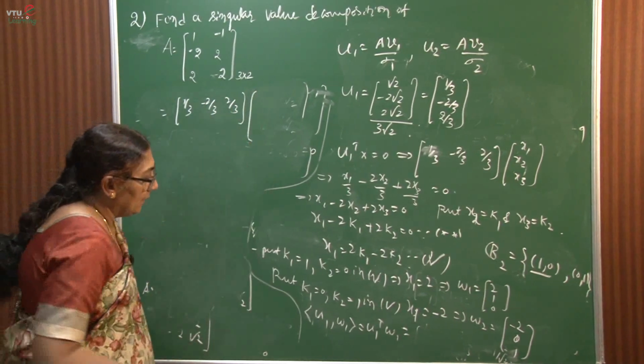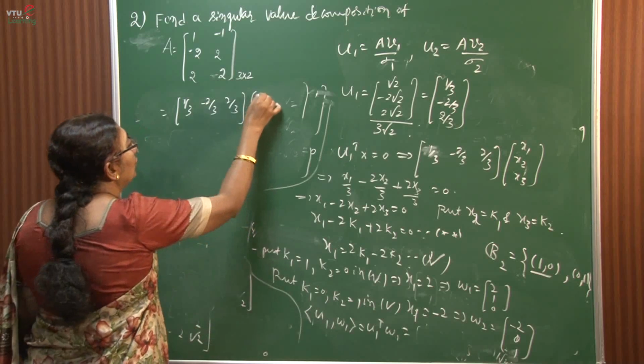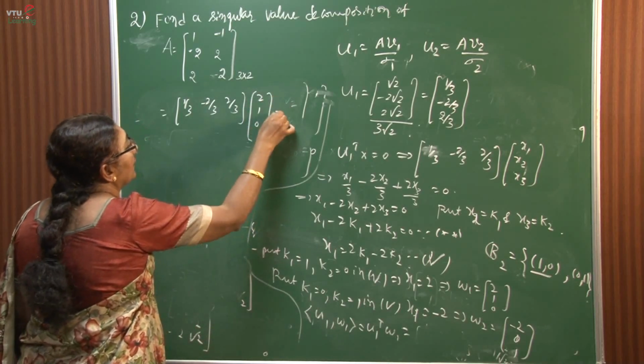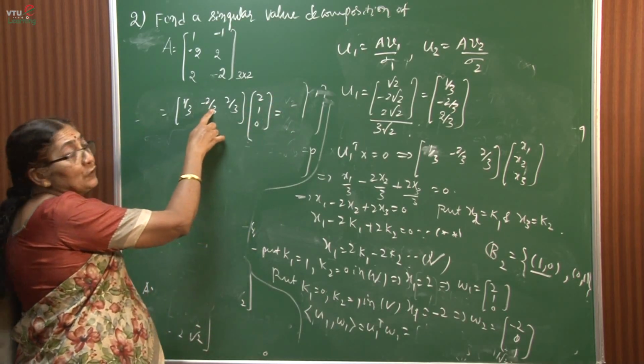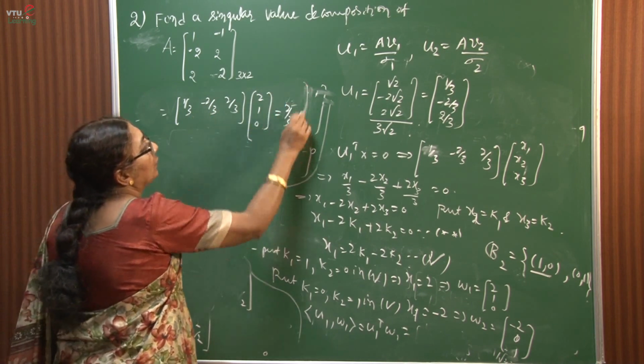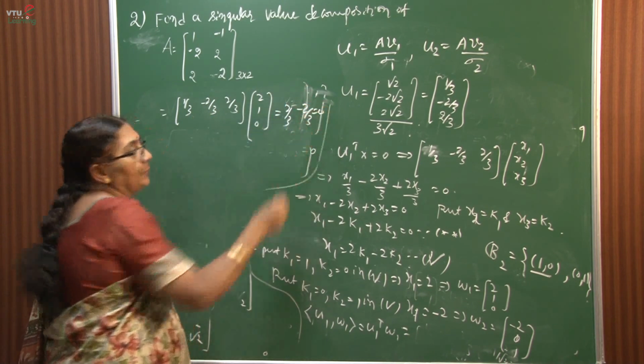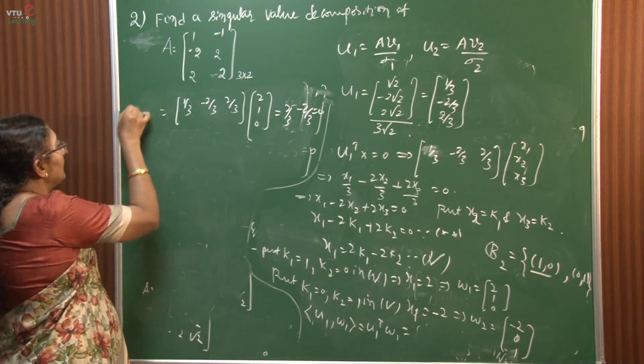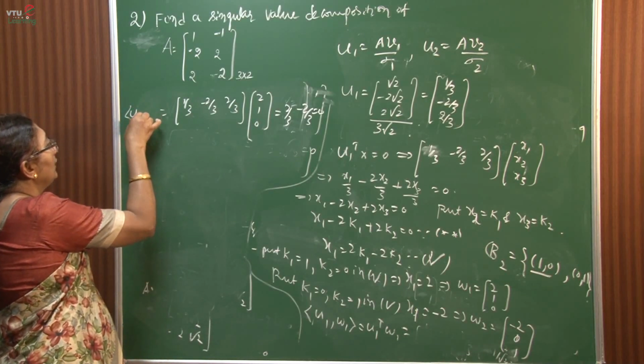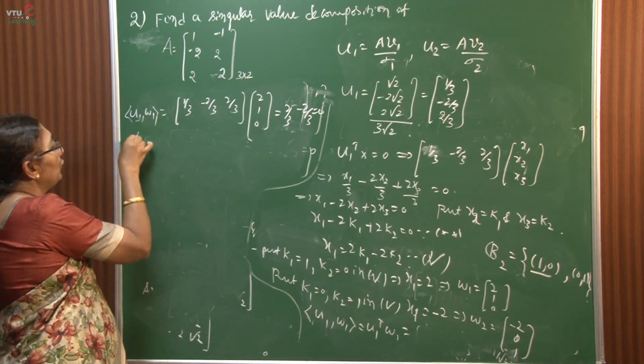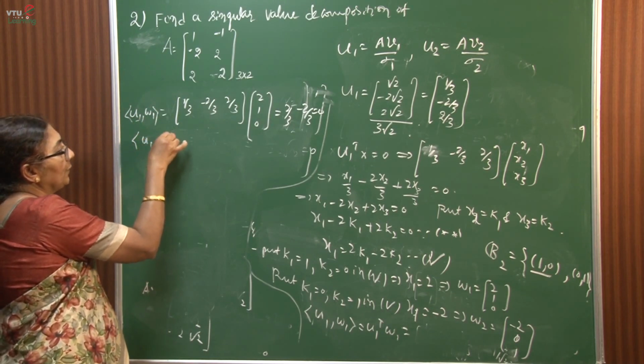What is my W1? W1 is 2, 1, 0. You multiply that: 2 by 3 minus 2 by 3, what is that? Value 0.